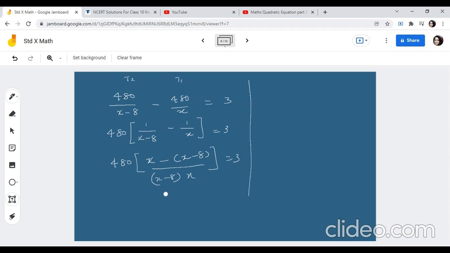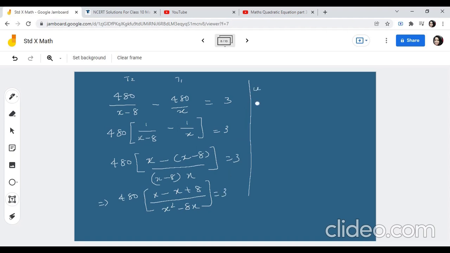So this implies 480 into x, open the bracket, x minus of minus is plus 8, divided by x into x, it is x square minus 8x, is equal to 3.